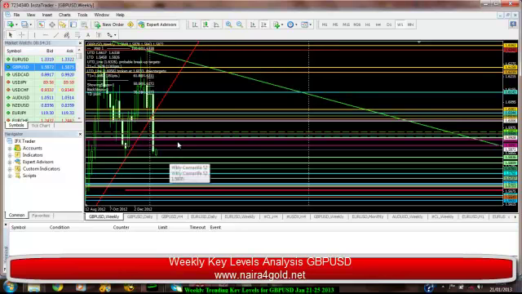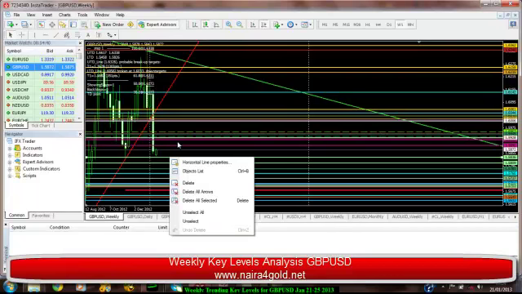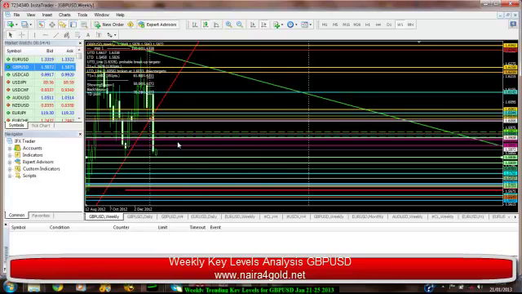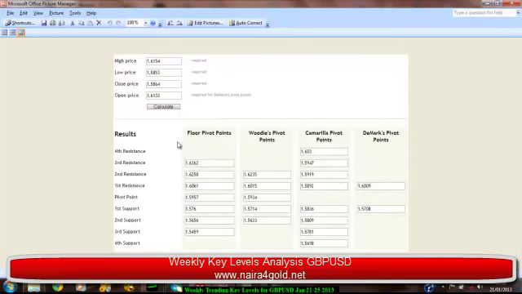If I come to the weekly Camarilla S2, I just highlight it, go to the horizontal line properties, and make the adjustment with the new figures generated already.